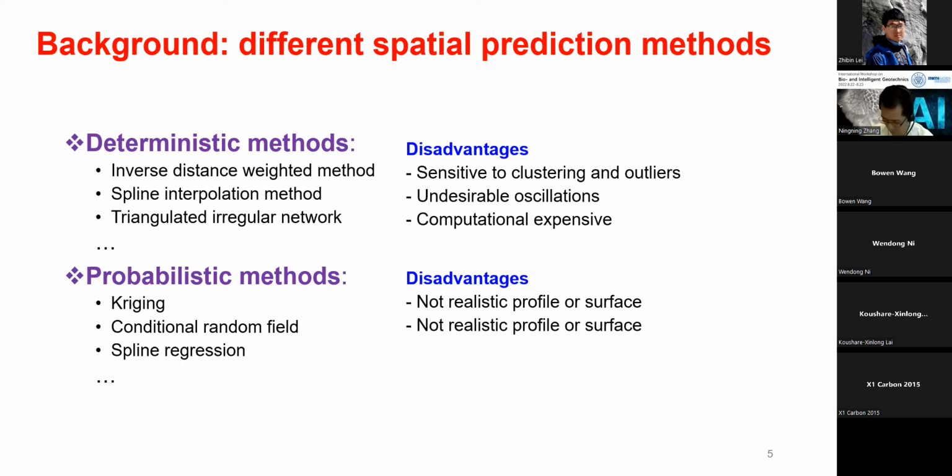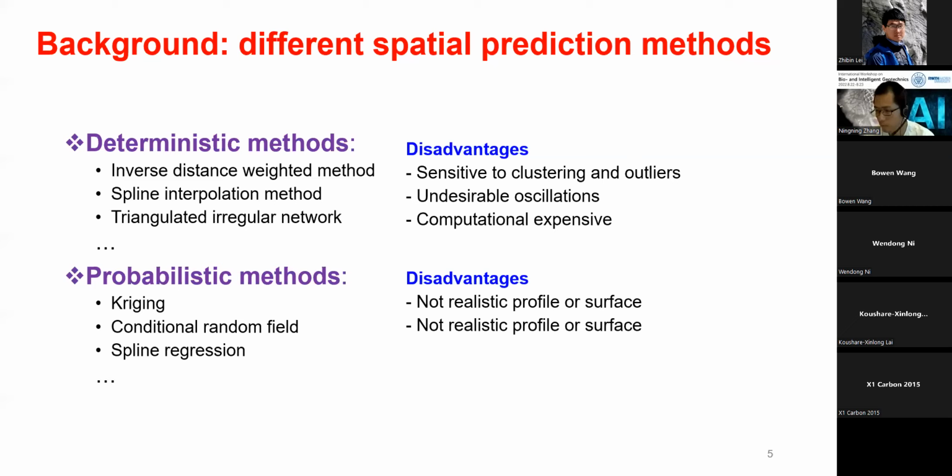Different methods have different advantages and disadvantages. For example, the major disadvantage of the inverse distance weighted method is that it is very sensitive to clustering and outliers. So it's necessary to compare these different methods so that we can select the most suitable one.